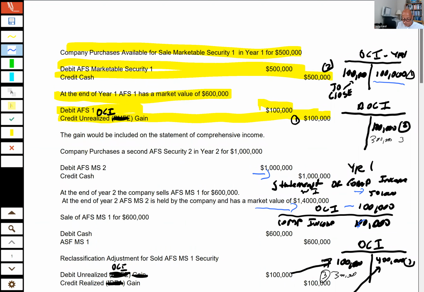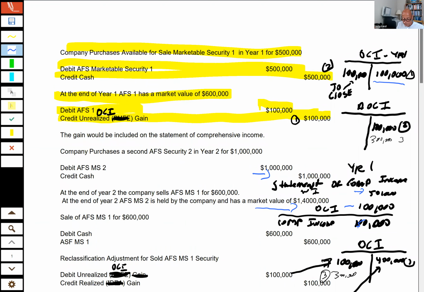So when we do, we go ahead and we debit our unrealized OCI. Okay, we debit that for 100,000. Okay, and then we credit realized gain for 100,000. Now that realized gain is going to show where? It's going to show, because it's realized, I'm just going to show you right now, it will show up on my income statement, right?